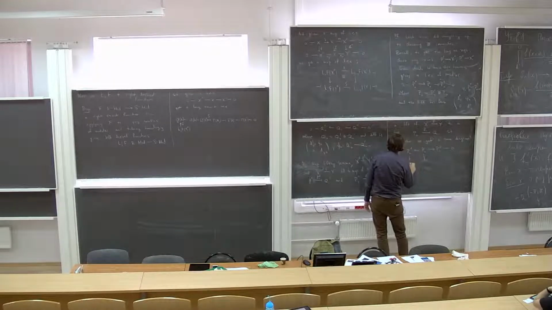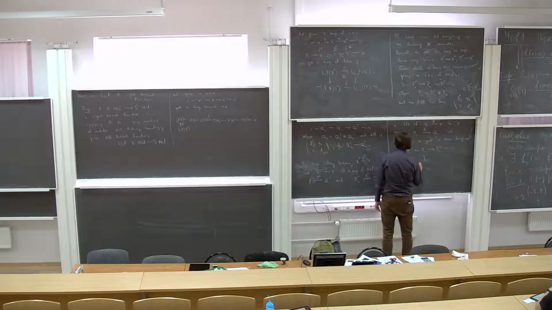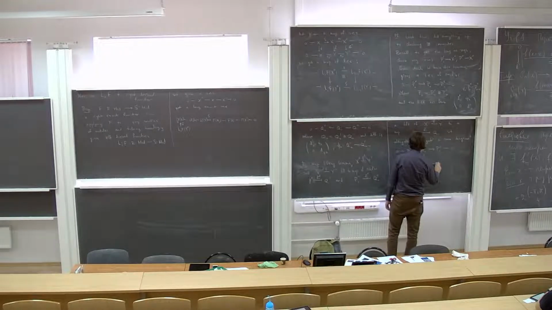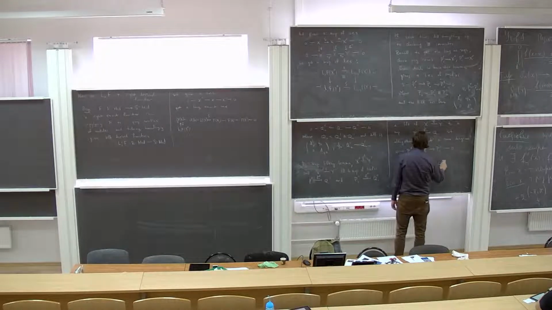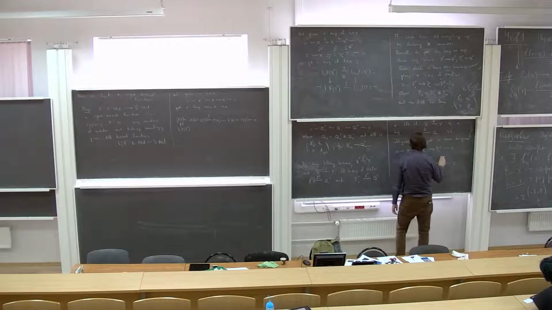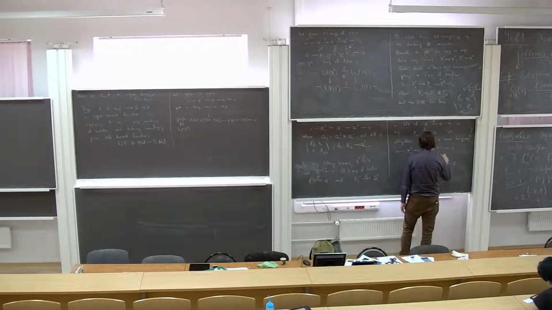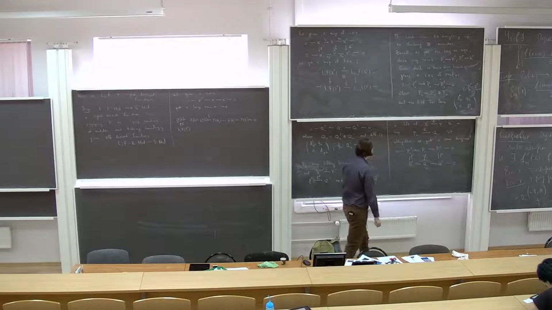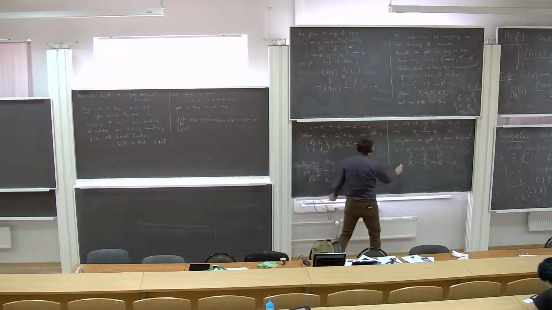And I'll have lifted my maps between the short exact sequences to maps between the short exact sequences of resolutions. This will be F dot, F prime dot, F double prime dot, like this.